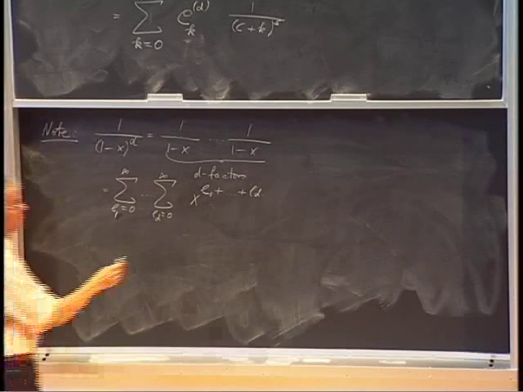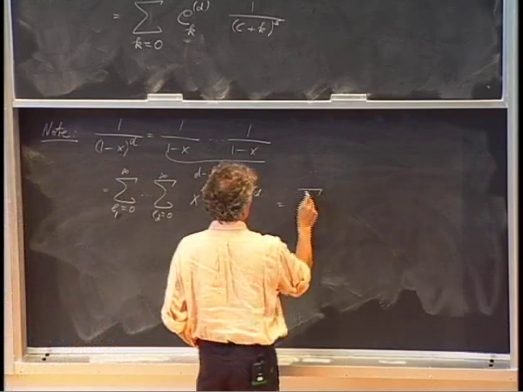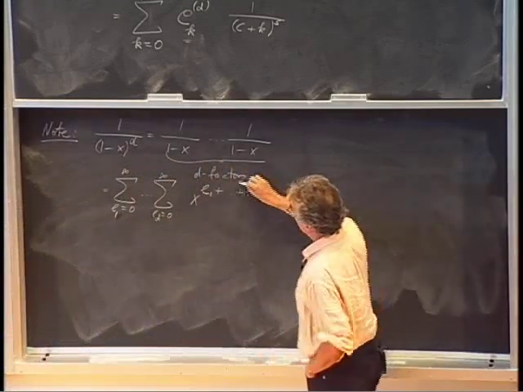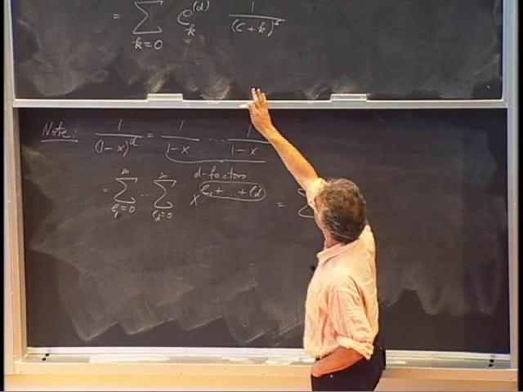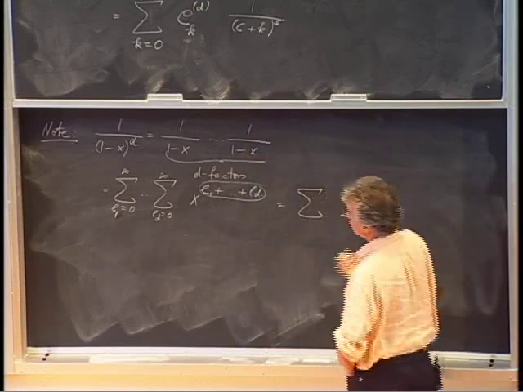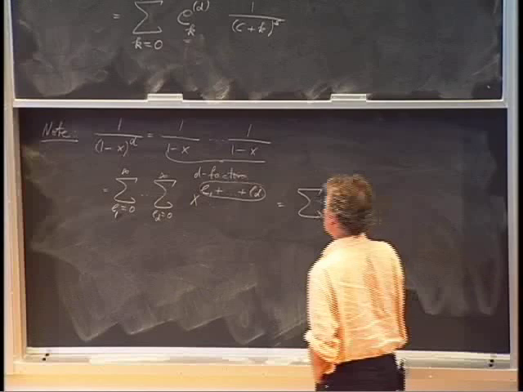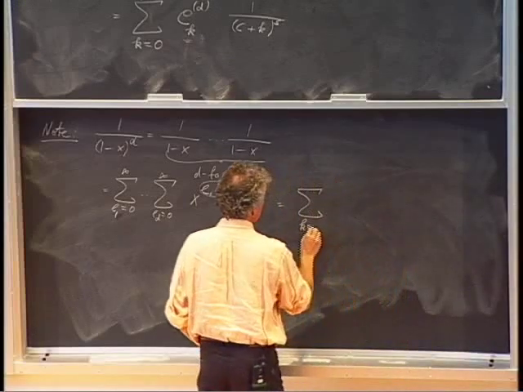Then, as we did up here, for the sum over L1 through LD, we introduce the new index k.